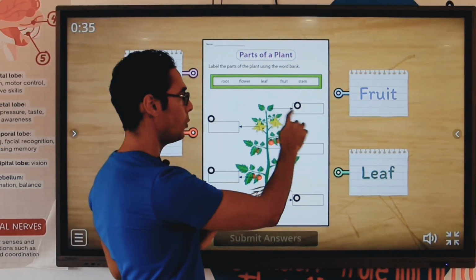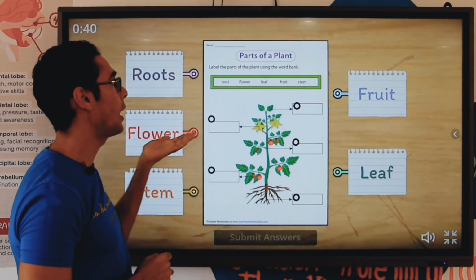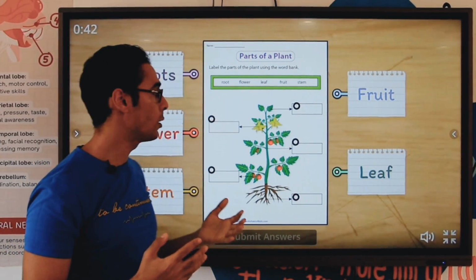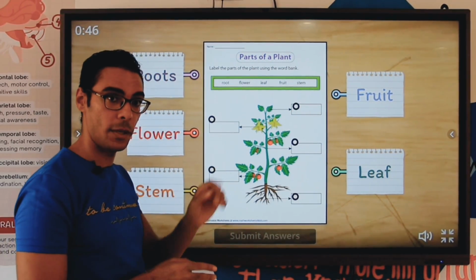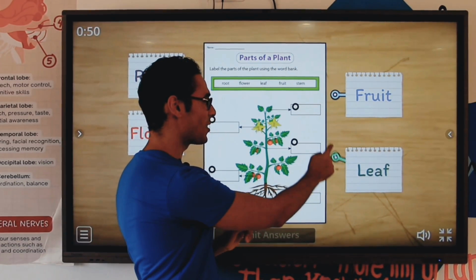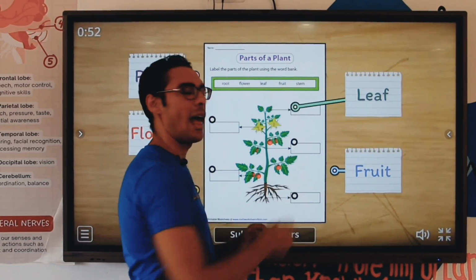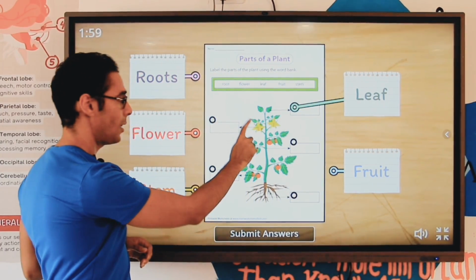So what do you think is going to be here? Is it fruit, leaf, stem, flower, or roots? Which one? I guess that's a green part of the plant, so it might be, yes, this one, leaf. You need to drag this one and put it here. Perfect.